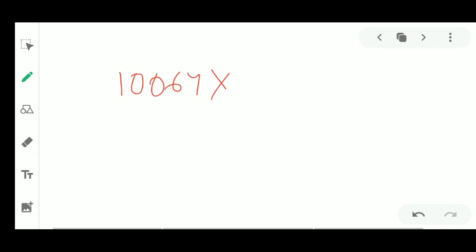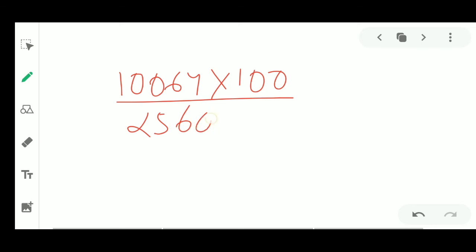So here 10,064 multiplied by 100 by 25,600 multiplied by 37 by 4. So 0 0 will be cancelled here.